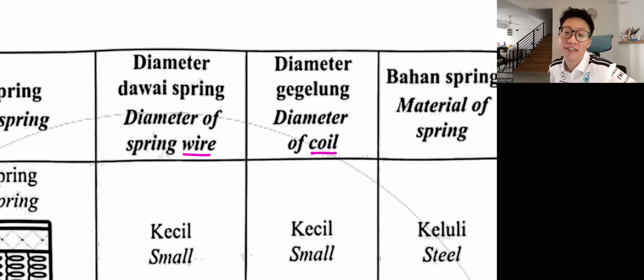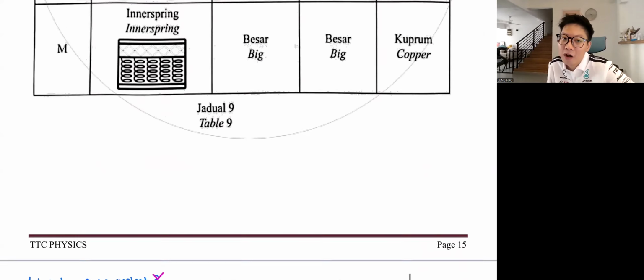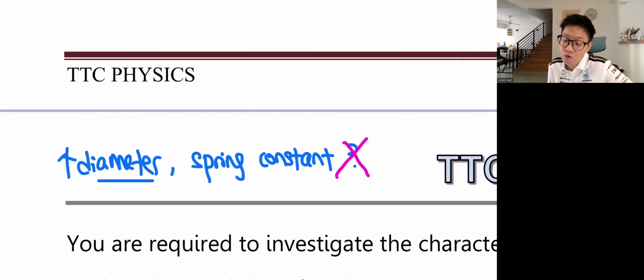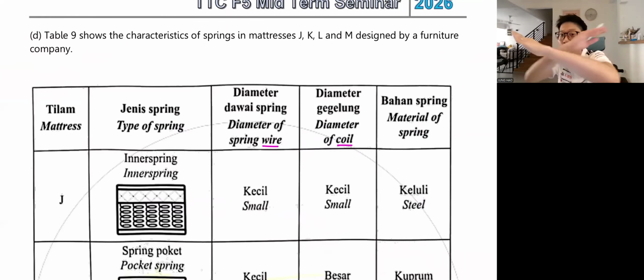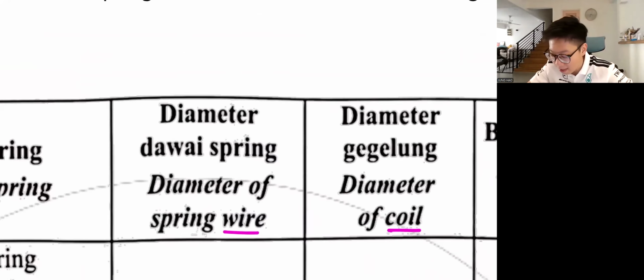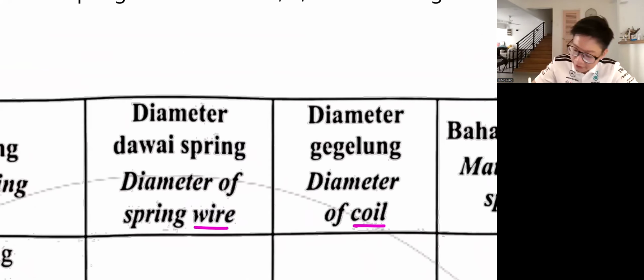Because the answer is different. I never said diameter of what. You have to ask me what diameter. You never asked me, so it means you don't know, and if you don't know, you are wrong. Now remember, guys, there are two types of diameter.